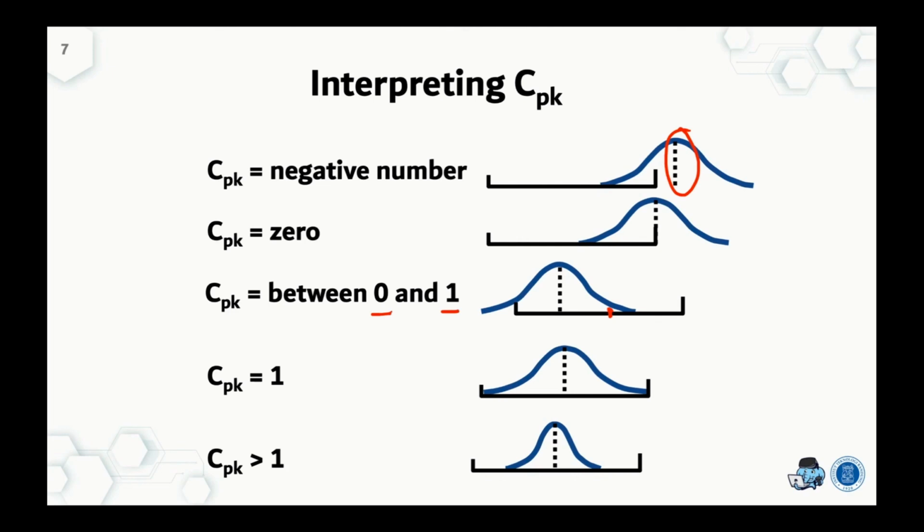Cpk equal to 1 means the center of the process is exactly at the point in between the upper and lower specification limit. And a Cpk more than 1 means the condition is the same as Cpk 1, but with lower deviation. So it means low sigma, much smaller than before.